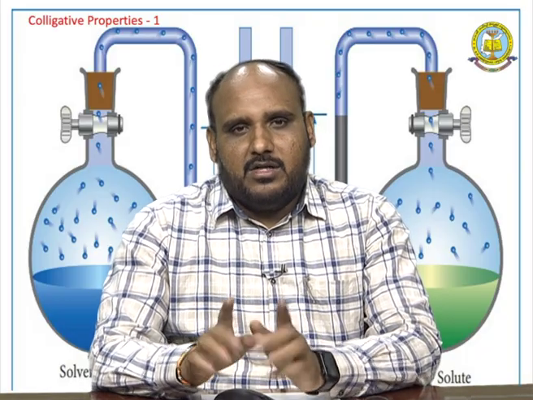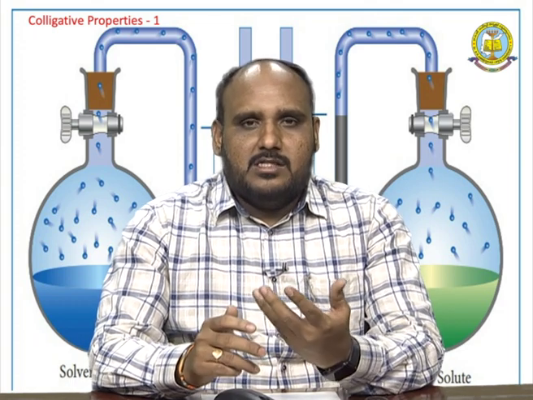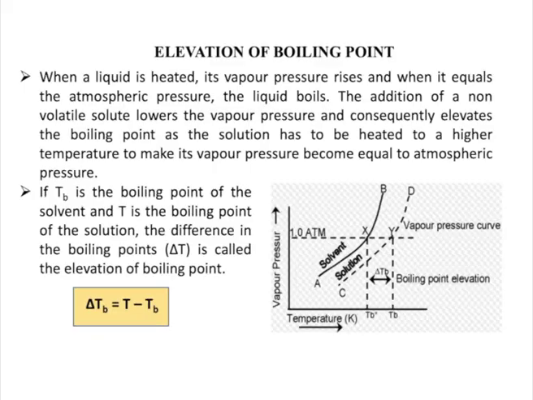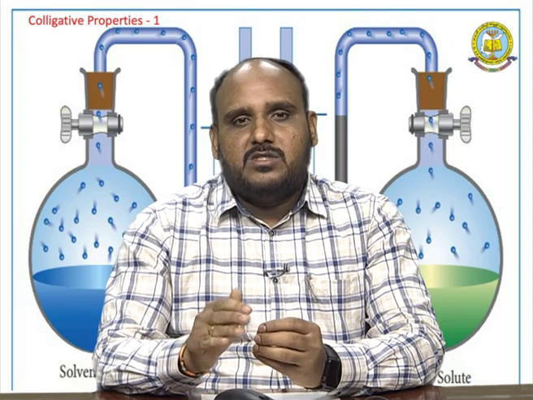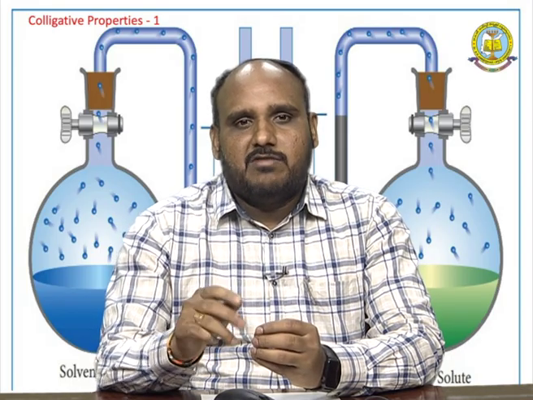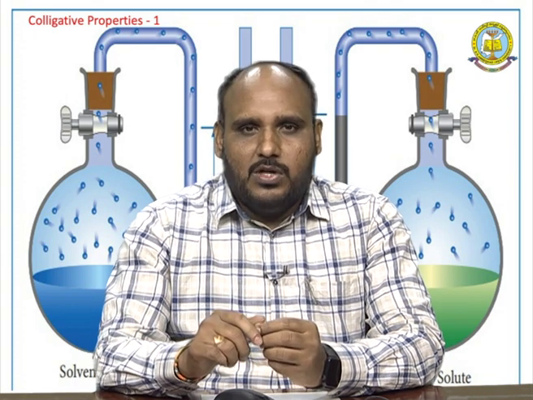Now coming to our concept, how the boiling point becomes elevated. We have one liquid that is treated as the solvent. Then a non-volatile solute is added to the solvent, which forms a solution. The boiling point of the solution will increase because of the non-volatile nature of the solute particles.